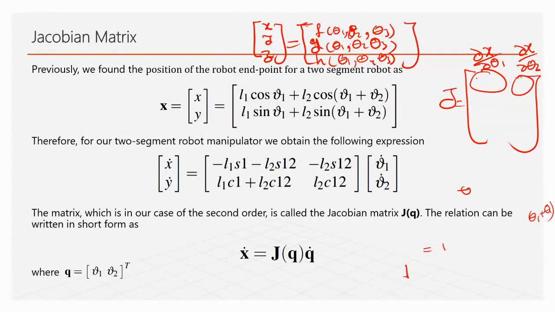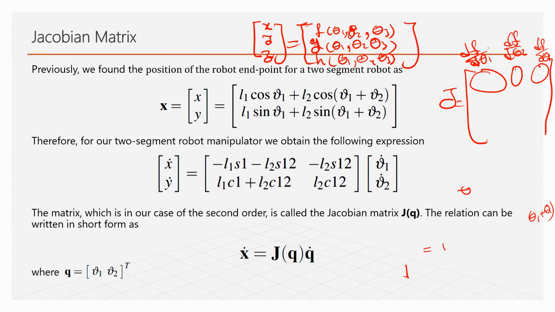The first component of the Jacobian matrix of this example will be the derivative of f versus theta 1. The second component will be the derivative of f versus theta 2. The third component of the first row will be the derivative of f versus theta 3. The second row will be the same thing for the g function: the derivative of g versus theta 1, the derivative of g versus theta 2, and so on and so forth.